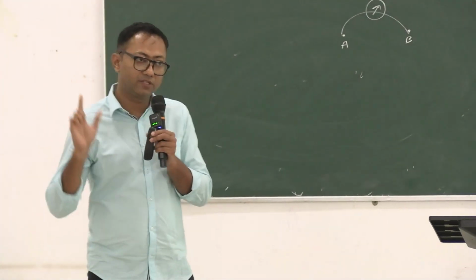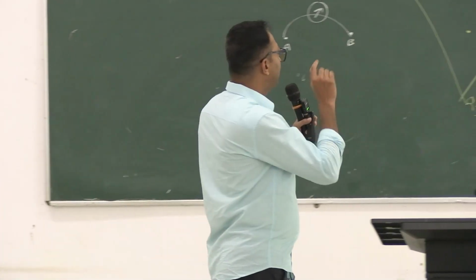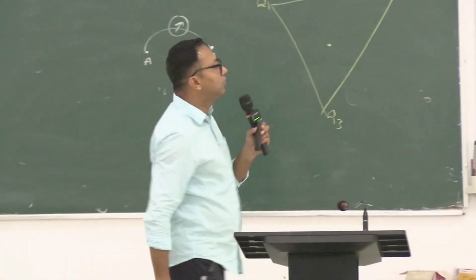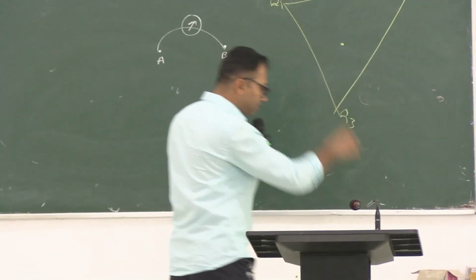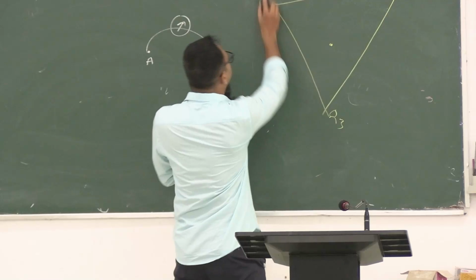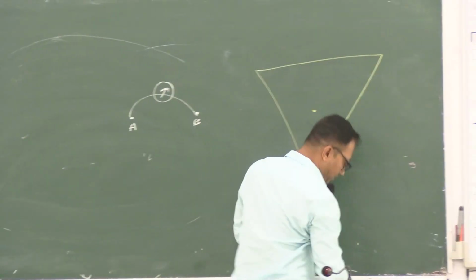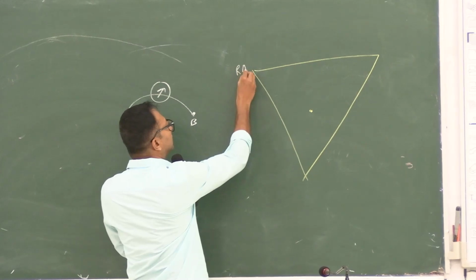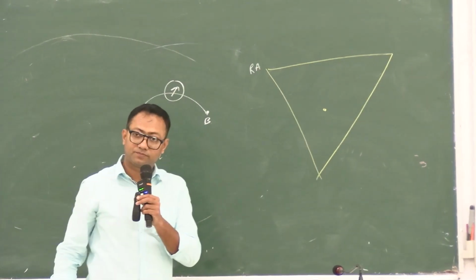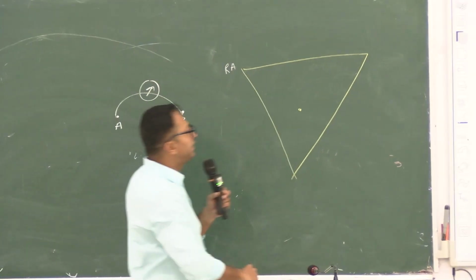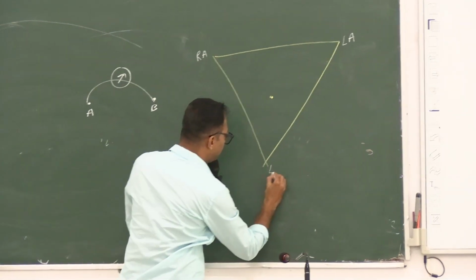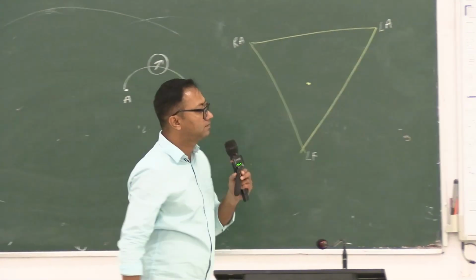Accordingly, in this equilateral triangle, this one is right arm. See this picture: right arm, this is left arm, and this is left foot, correct?